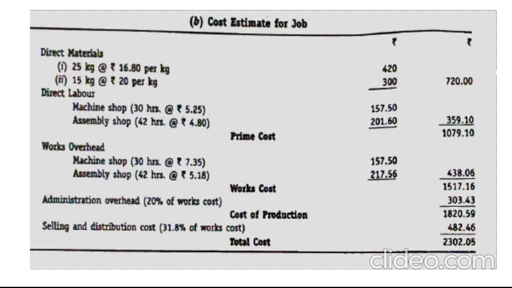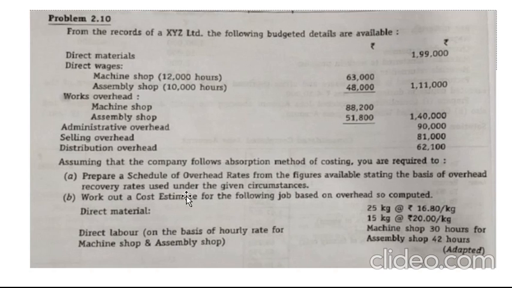So as per the question here, they've given the information, you need to find out what is your factory cost. For your estimated cost sheet, the total hours worked, that is machine hours worked: machine shop has worked for 30 hours, assembly shop has worked for 42 hours. Based on these hours, you will be finding out your other items in your cost sheet. So now your works overhead.